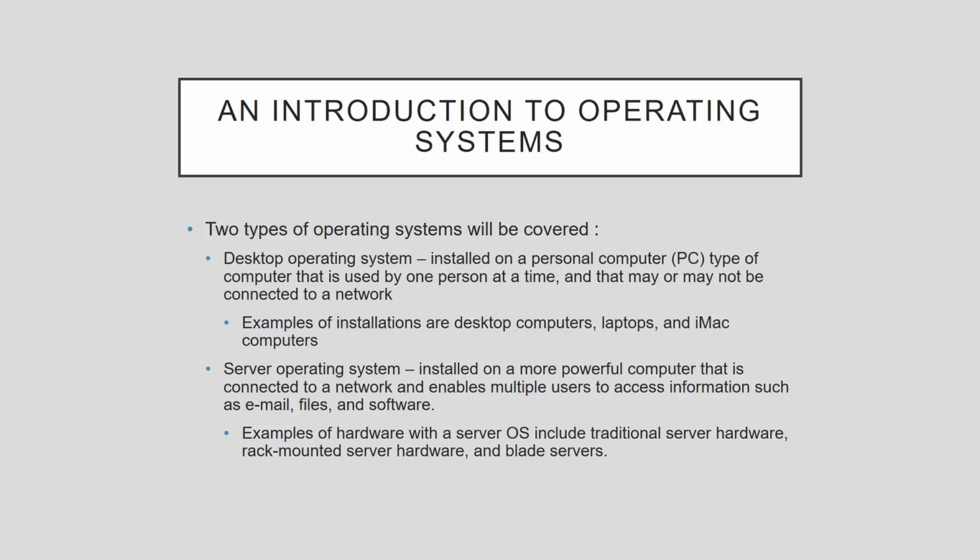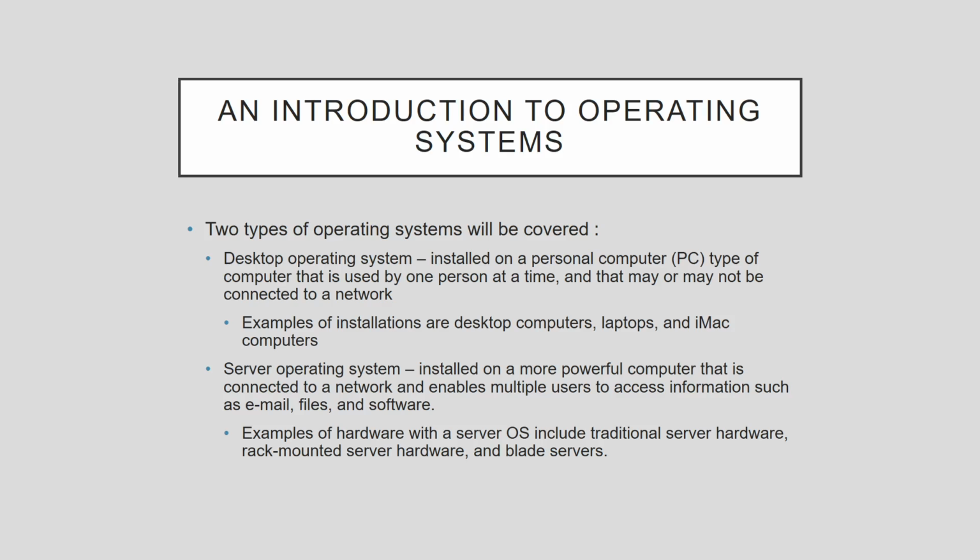And there are two types of operating systems which will be covered in this module, and these are the desktop operating systems and the server operating system. The desktop operating system, or client operating system, is typically installed on a personal computer or PC that is used by one person at a time and is almost always connected to a network, either wired or wirelessly.